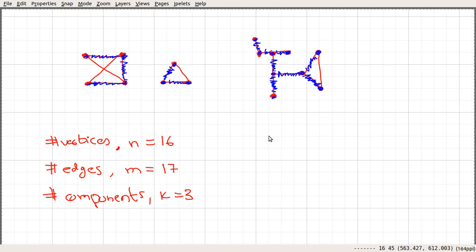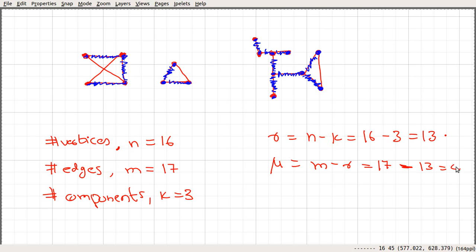So the rank of this graph will be equal to n minus k, so n is 16, 16 minus 3, which is 13. And the nullity is m minus r. Here m is 17, and 17 minus 13 is equal to 4.